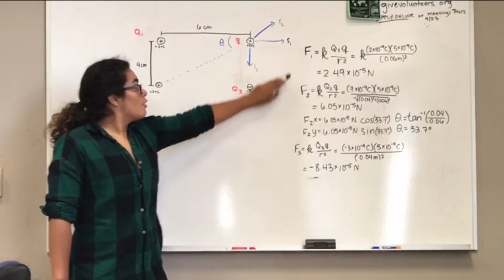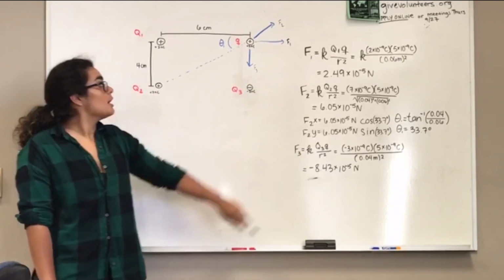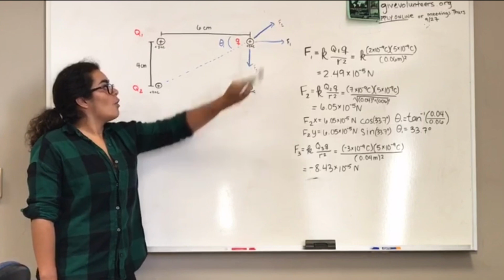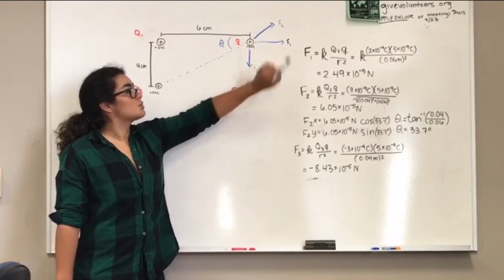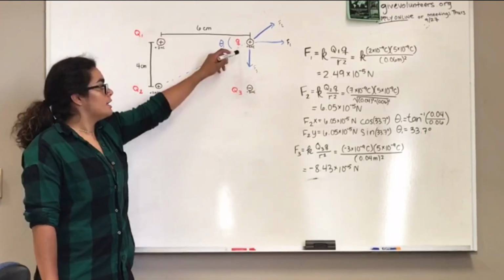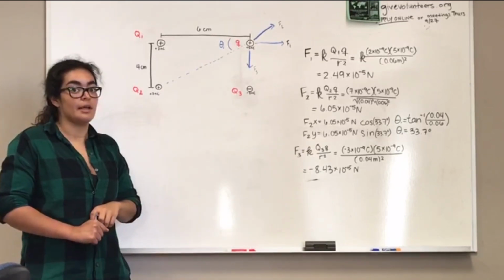For forces 1 and 3, we can see that those only have one component. In the case of force 1, it only has an x component. In the case of force 3, it only has a y component.